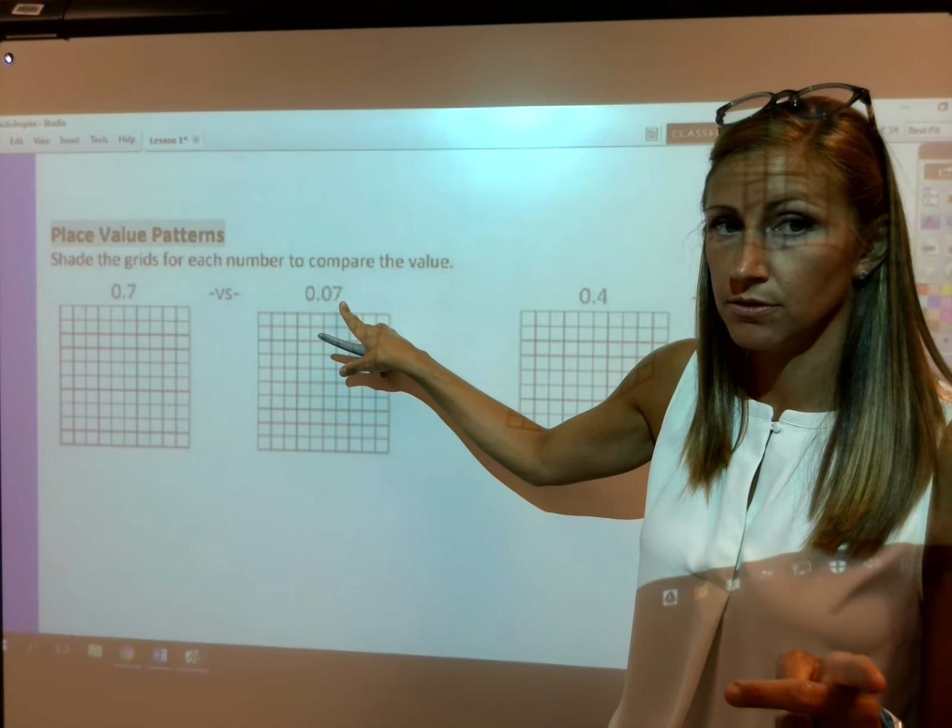Back in elementary school, hopefully you played with these lovely tools, and they are called base 10 blocks. So in our base 10 blocks, this has how many boxes in it? If you can't remember, you can count there. You should see 10.